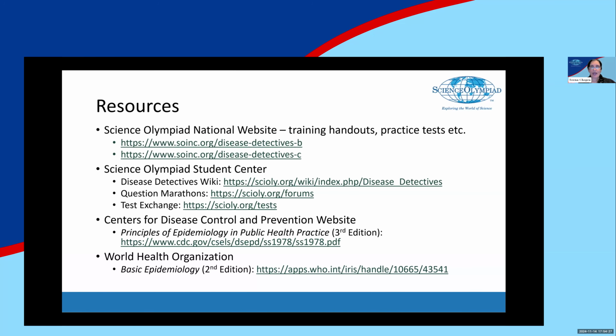So to do that, you want to match those cases with controls who don't have the infection. Why did they not have the infection, even though they are also in the same community? Now you are trying to look at their risk factors and you are matching them with controls. So this is called a case control study. That's how you decide what kind of study design. So it all depends on your question that is given in the event.